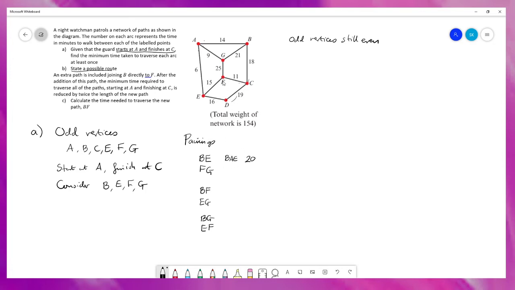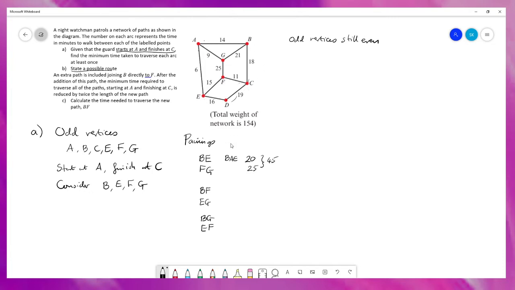F to G is just F to G. All other routes take way too far, so I tend not to bother writing it down. And the total for that is 45. B to F, we've got a few options, but we can see that B to C to F, total 29, is going to be the shortest, because this one's 46, then we've got 23 plus stuff, so that's going to be more, 20 plus things, that's going to be more.